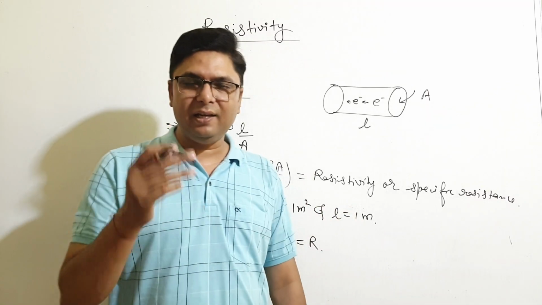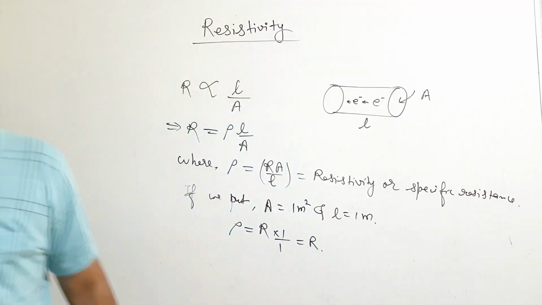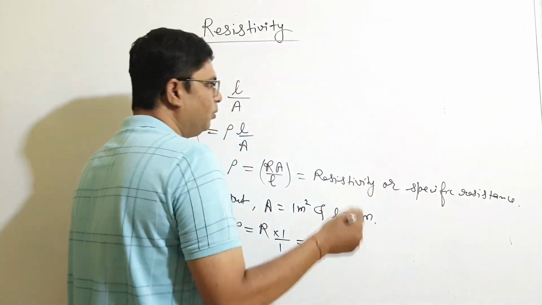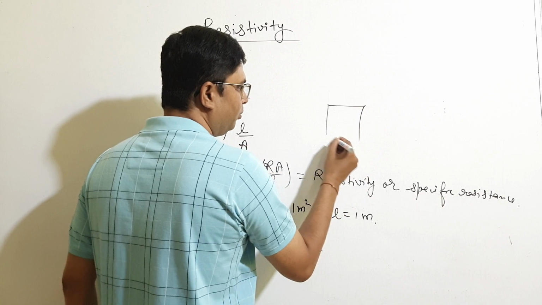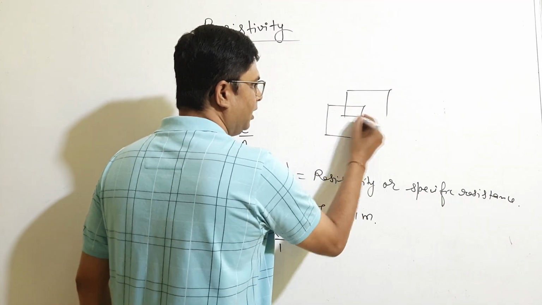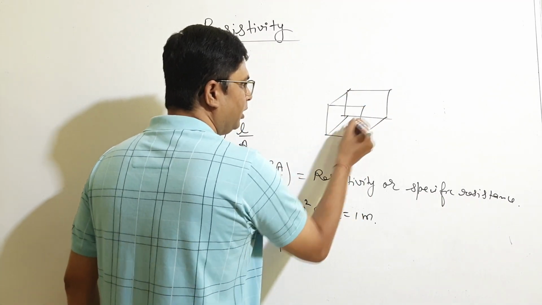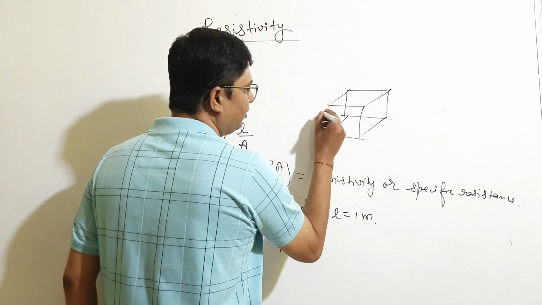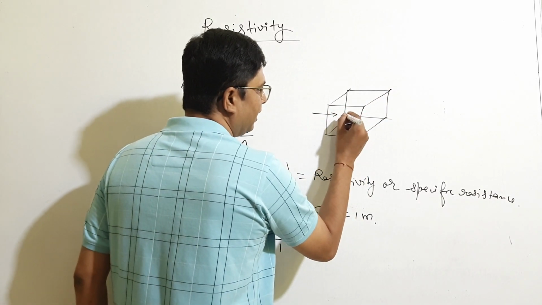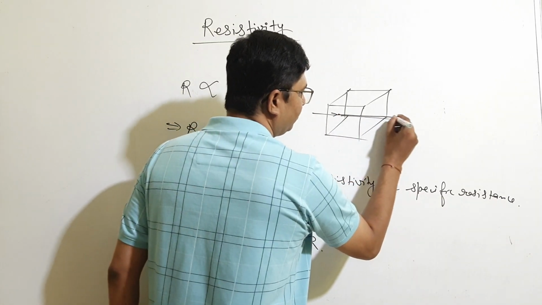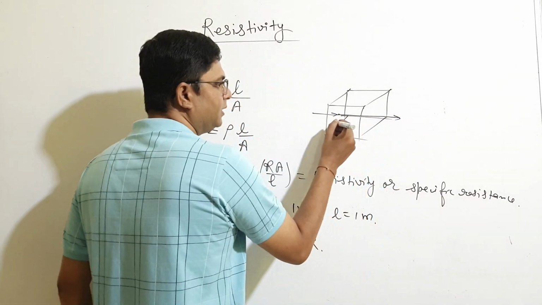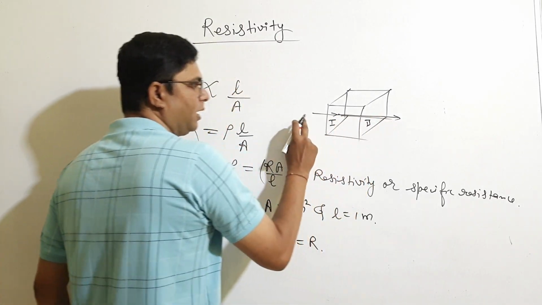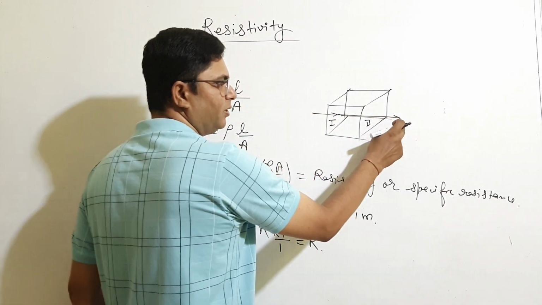We can define it in another way also. For this, we will take a cube. Suppose current is entering from this face and leaving from this face. This is face 1 and this is face 2. Current is entering from face 1 and leaving from face 2.